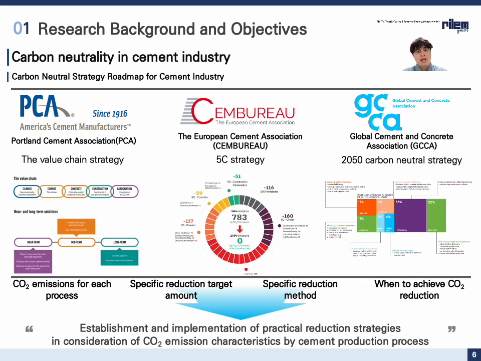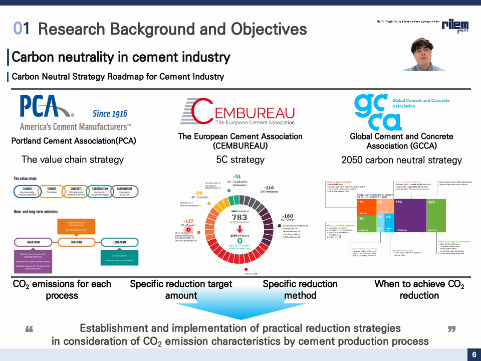To tackle carbon emissions in the cement industry, major organizations like PCA, SAMRO, and GCCA have proposed strategic roadmaps. PCA promotes the value chain approach, targeting emissions through clinker, cement, concrete, and construction. Their roadmap includes short-term actions and also long-term tech innovations.